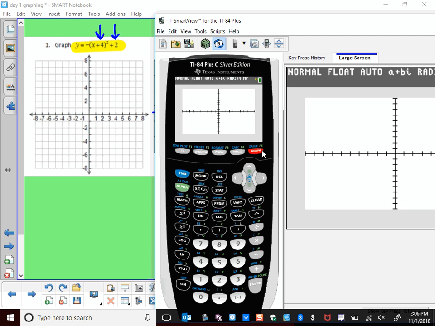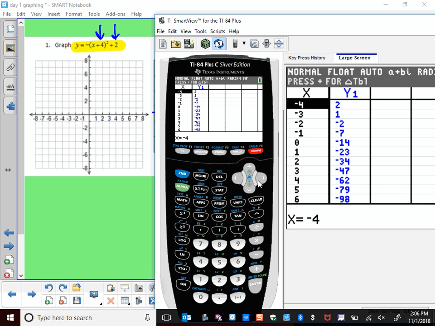Yeah, we can graph it to see what it should look like. We're gonna hit second graph to get our table. It says error, invalid dim. You gotta restart your calculator. Hit second, plus sign, 7, 1, 2.